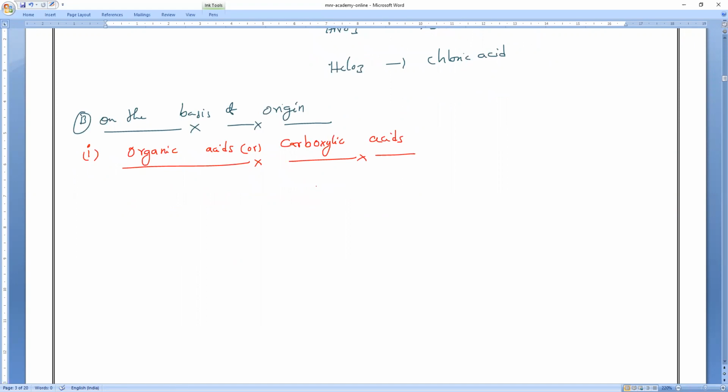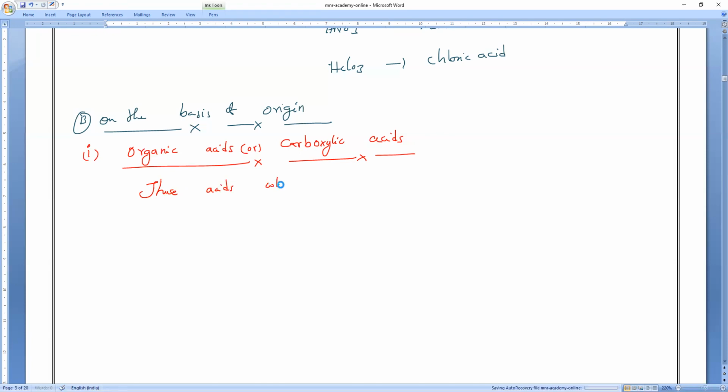Okay. So that is organic acids. The name itself tells us it is derived from nature. From biology we all know nature contains two things. One is plants and another one is what? Plants and animals.